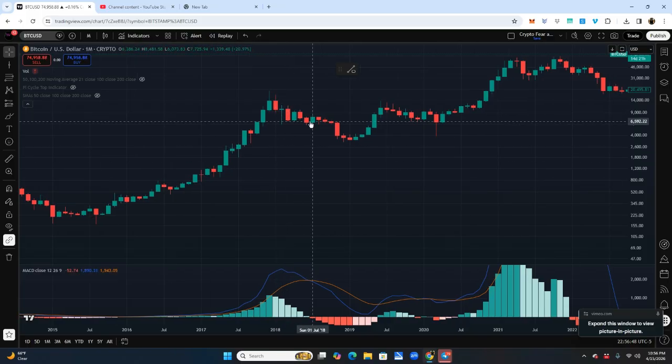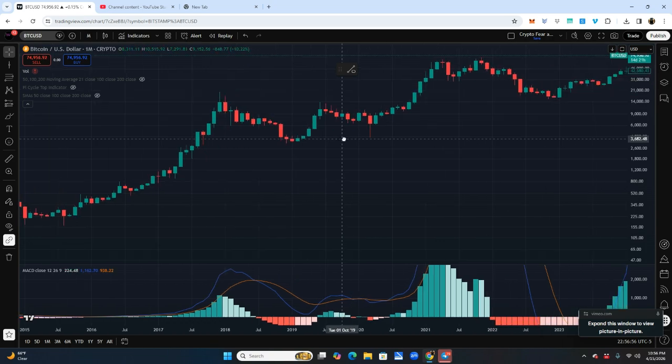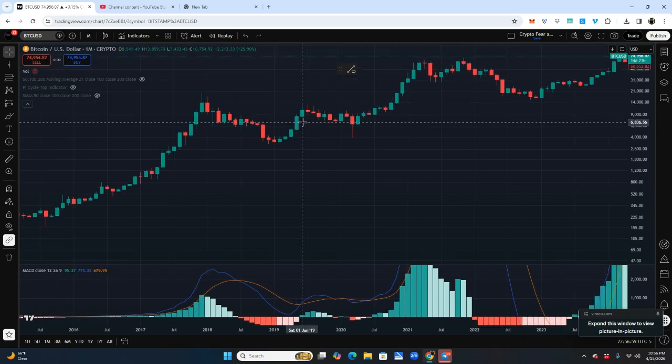Now, after you've crossed here, you didn't cross back up until you were at $10,000, right? And then price fell 70%. Now, this is where it's important to pay attention to other indicators, but this is just kind of the gist of what to do here.